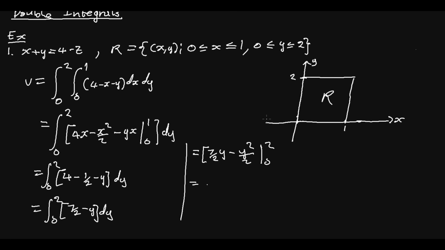You can see means we're having a 7, then a 2 times over 2 minus 4 over 2 minus the lower limit will be 0, just to be 0 there. So we are getting a 5. So 5 unit cubes here, right? So this is what we are getting for this first exercise.